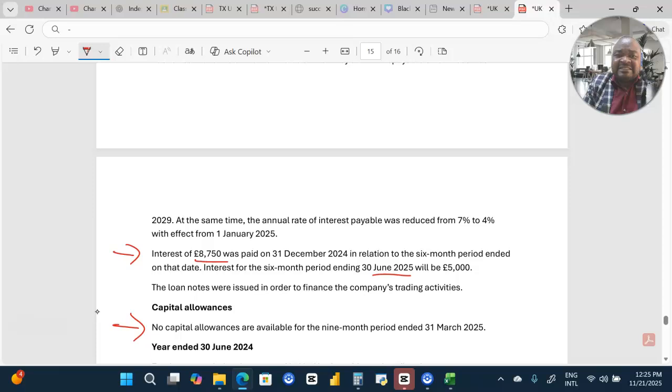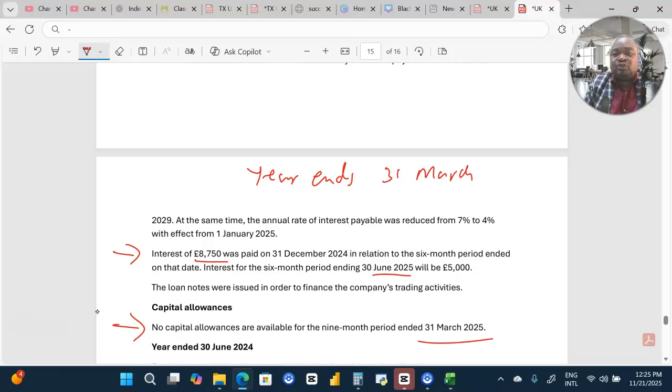However, our year ends 31 March. Remember, this company's year end is 31 March 2025. So only 3 months into the year should be accounted for.